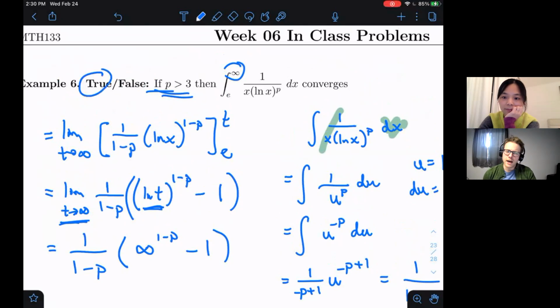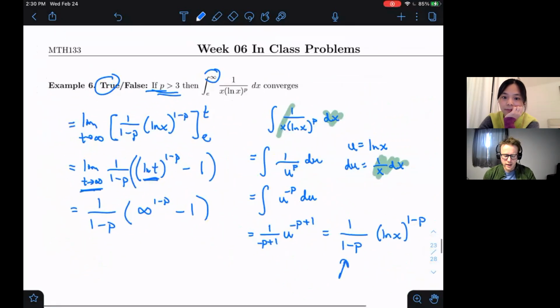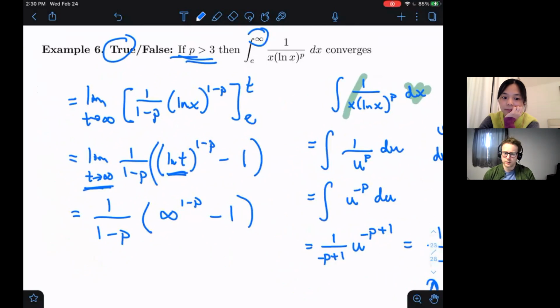Can anyone see where my misstep was in that logic? Why does this end up converging? So no, it's not that this is 0. We already talked about that, but it's kind of related to this. There it is.